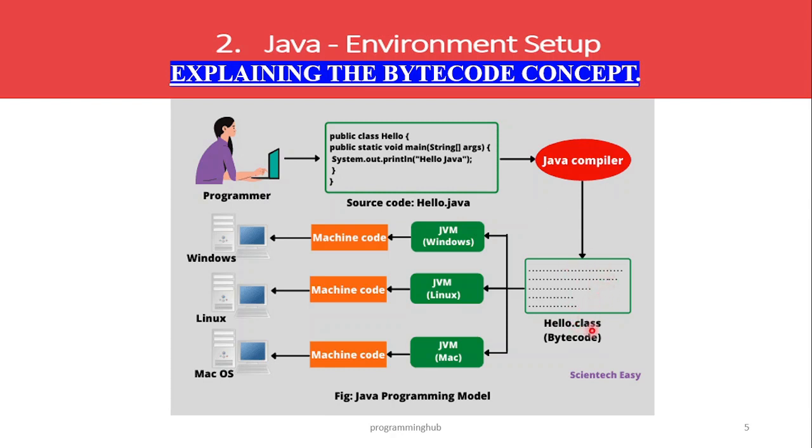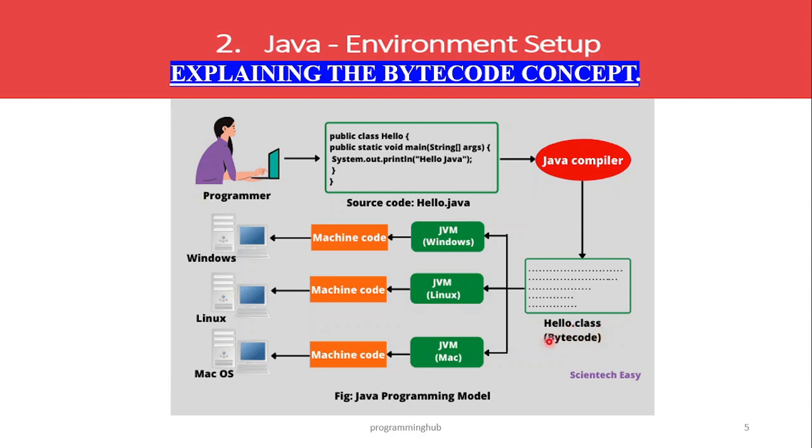This Java class contains what we call bytecode. Remember from the previous video tutorial, I told you that the bytecode is machine independent. It doesn't depend on the actual hardware and processor of the machine.